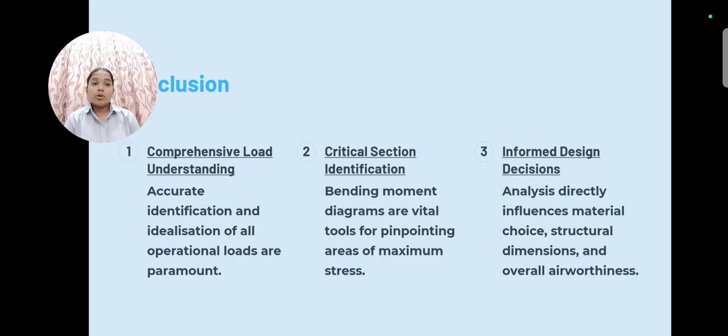The third point is informed design decisions. The analysis directly influences material choice. We have to choose the correct material, and also the size, thickness, and cross-sectional area. Then overall airworthiness and safety.